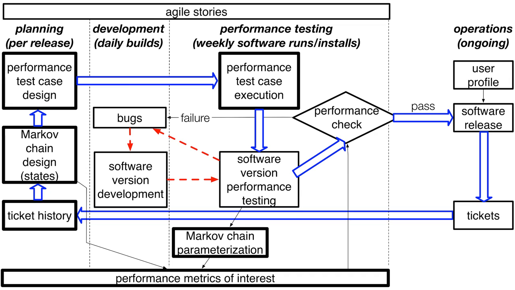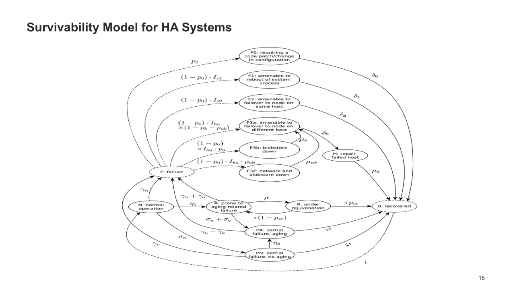The evaluation of the performance metrics of interest provides the basis for the performance checks. And then new software can be delivered to operations based on the performance check. The development team receives feedback on performance issues and bugs and provides new releases for performance checking and testing. As a result of these steps, the following Markov chain was designed.